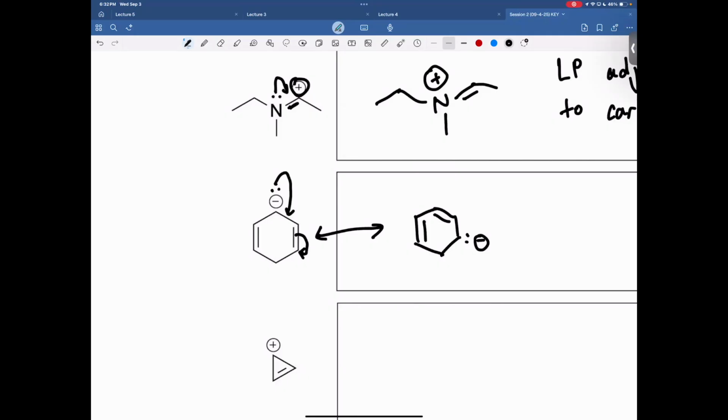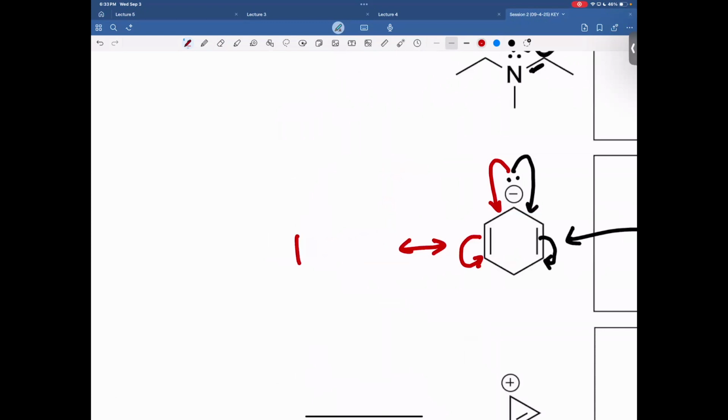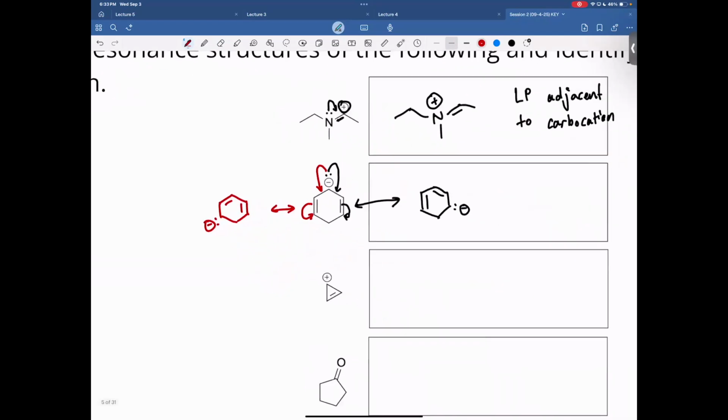Some of you might be wondering, could you do this the other way as well, right? So let me show this. We can start from here and bring this down here, and we can take this double bond and put it on here as well, which is going to get you a double bond here. So these are the 2 resonance structures you can do.